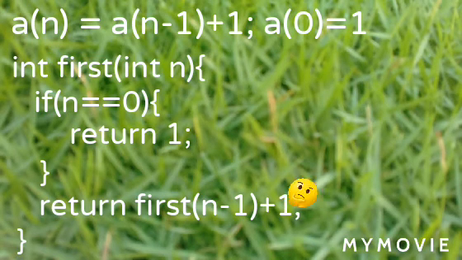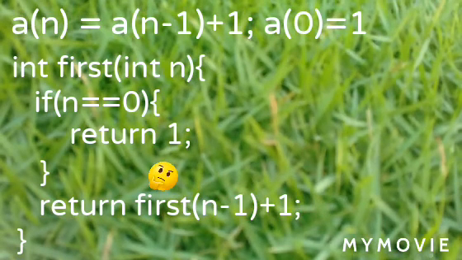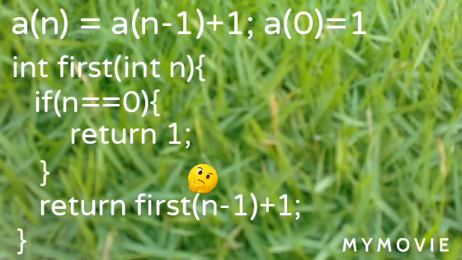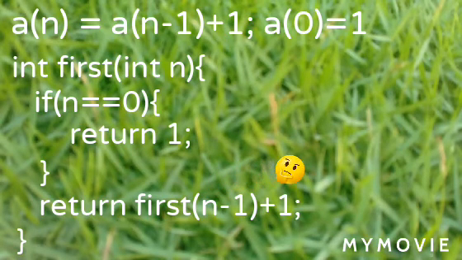Let's check the recursive part. What can you notice? What is first? How is it related to the relation? And why is n minus 1 the parameter? And why do you need to add 1? Are you confused with my questions? Look closer and compare the similarity.